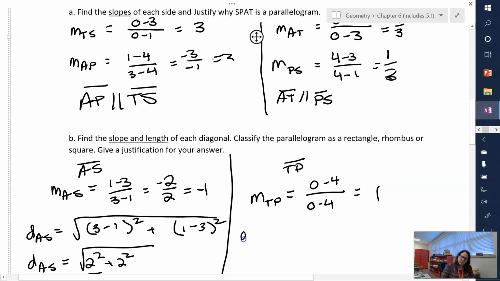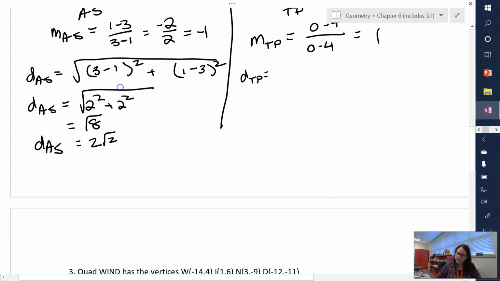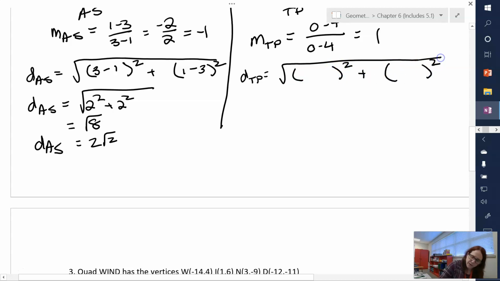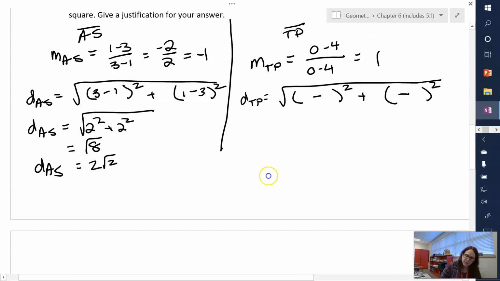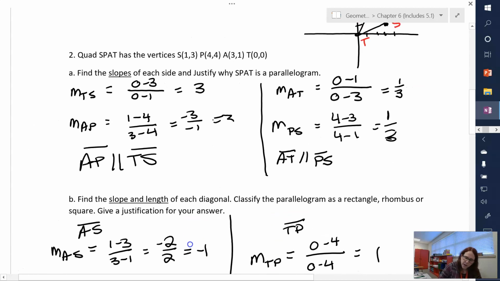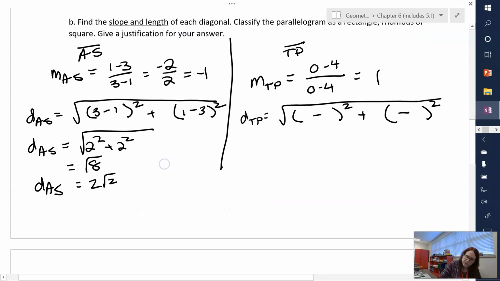And then the distance between T and P. I always set up my formula like this: put in a big square root, parentheses squared, plus parentheses squared, and then 2 minuses in here. So y minus y, 0 minus 4, and then x minus x is also 0 minus 4.